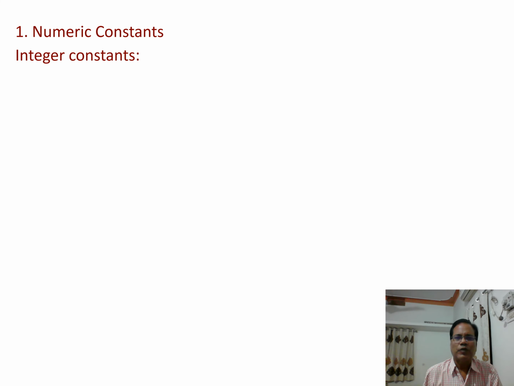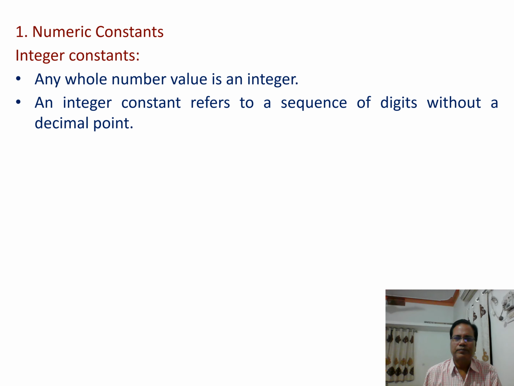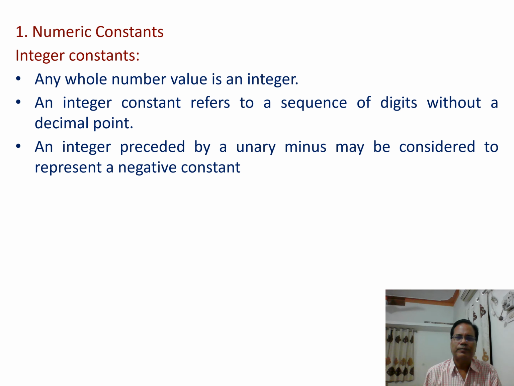Under this heading, first integer constant. So what is an integer constant? Any whole number value is an integer. An integer constant refers to a sequence of digits without a decimal point. An integer preceded by a unary minus may be considered to represent a negative constant. For example, 0, -33, 32,767.